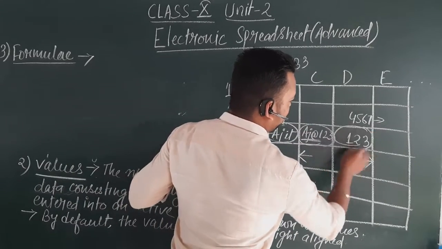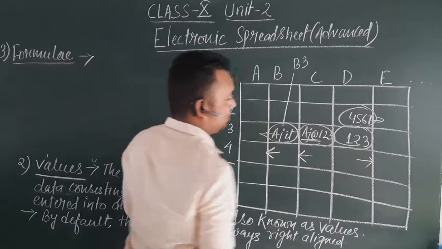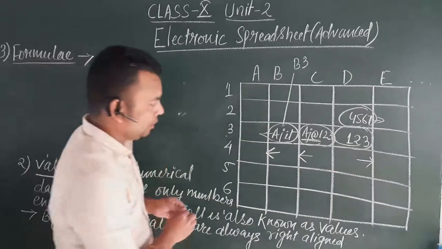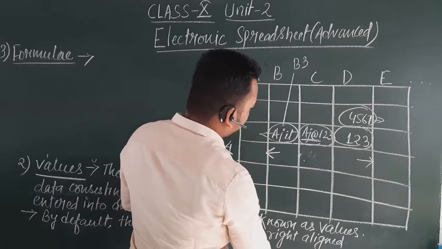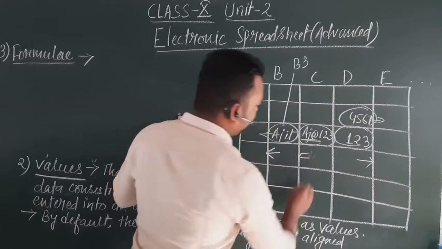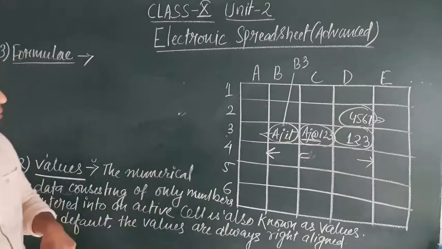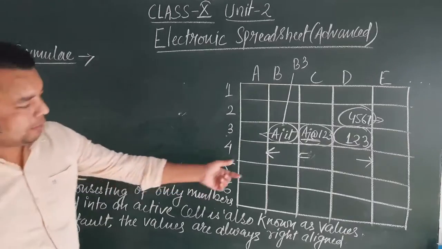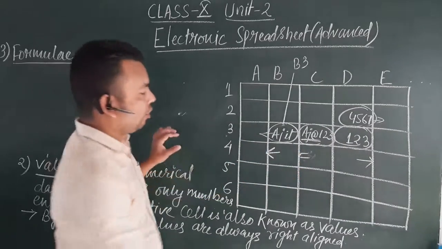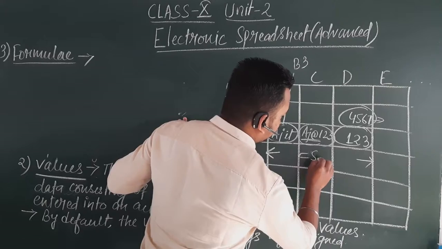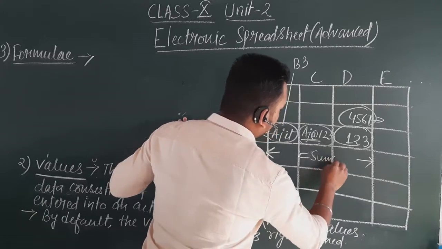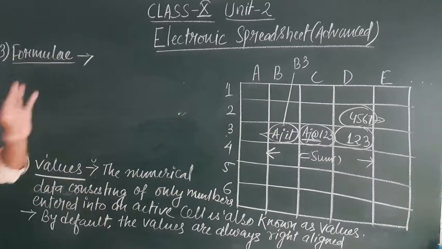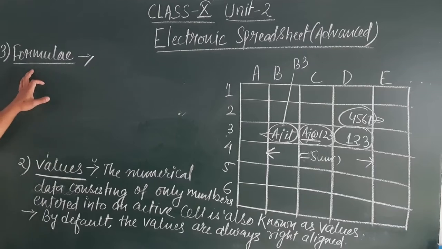This is also not a formula. These two are not formulas. But whenever we place an equal to symbol, suppose we have chosen an active cell, we simply place an equal to symbol followed by, say, S. If we type something, then that expression will be considered a formula.